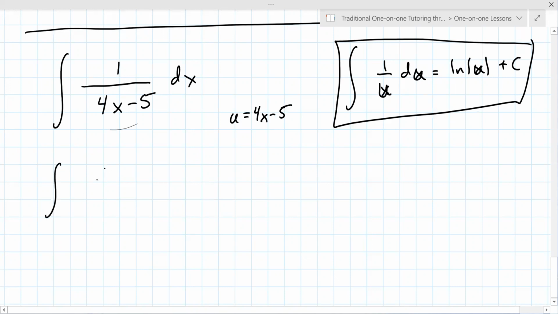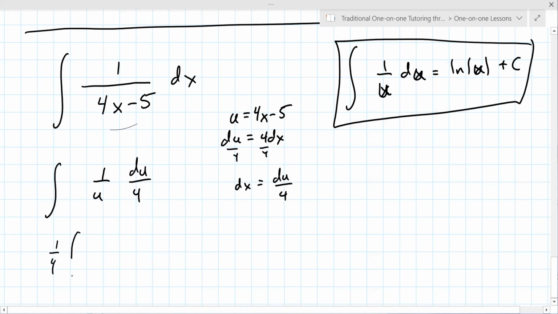So this becomes integral 1 over u. What is du? It's 4 dx. Divide by 4. So dx is du over 4. This becomes du over 4, and this is really 1/4. So we write 1/4 integral 1 over u du.